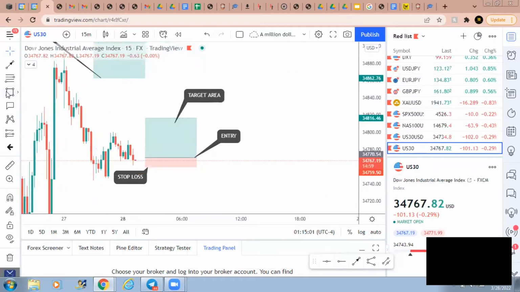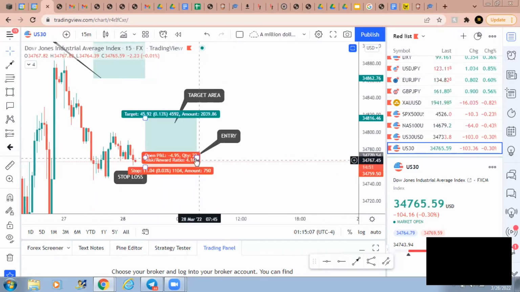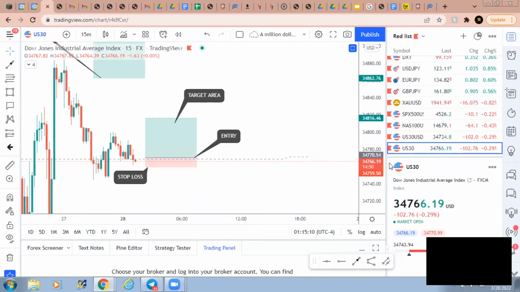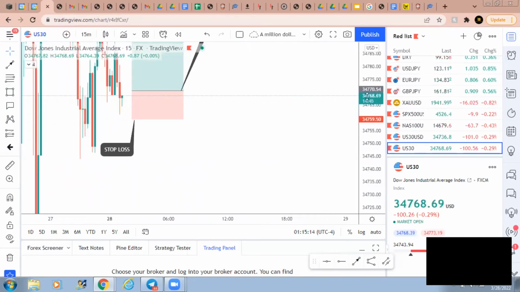So you always have to place your stop loss below if you're buying. The entry point is right here. As we look at the numbers on the side, it always correlates. It's always a great number, 34770.54. And what's moving currently is price. Price is currently at 34767.44.